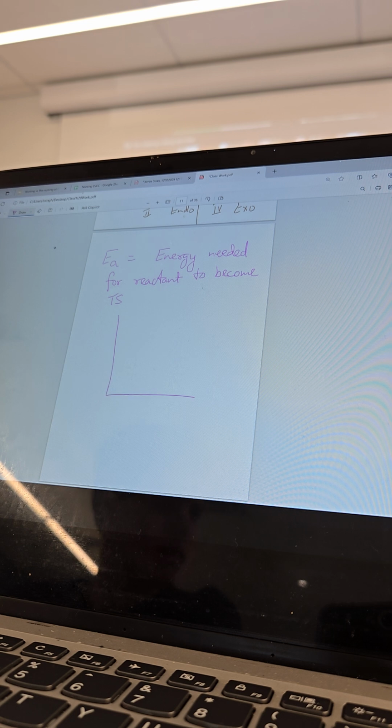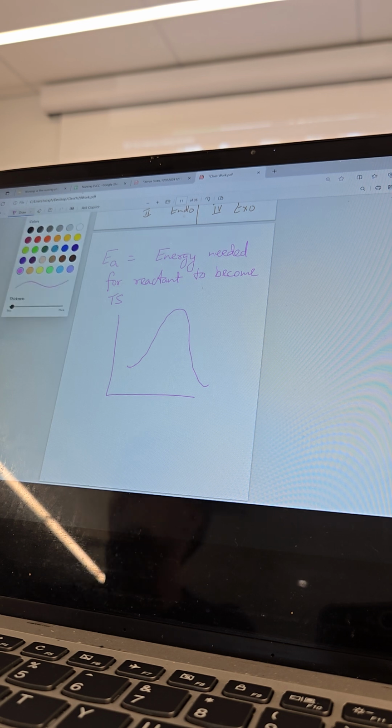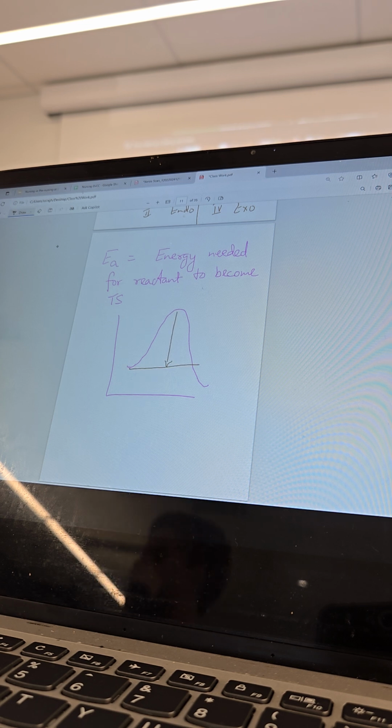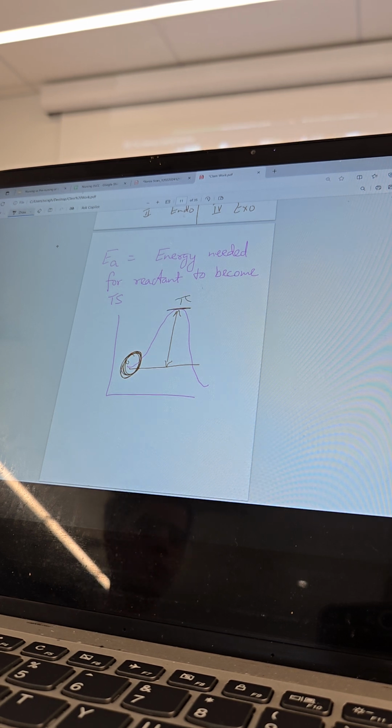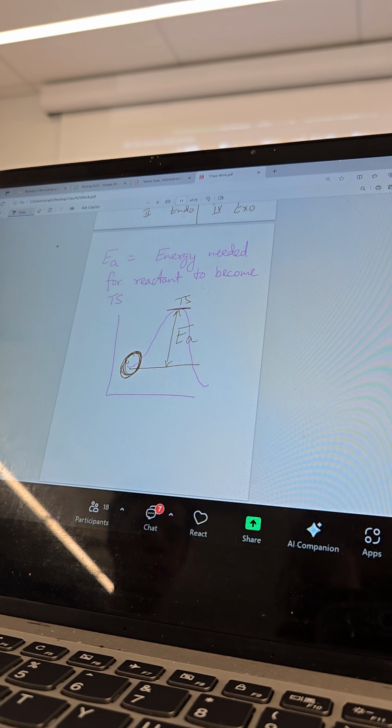In an energy diagram, it is always the energy that is needed for the reactants to get to the peak. So it's always the difference between the energy of the starting point and the transition state. That is activation energy.